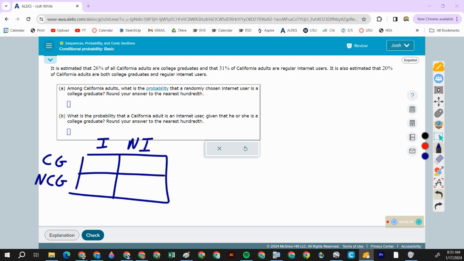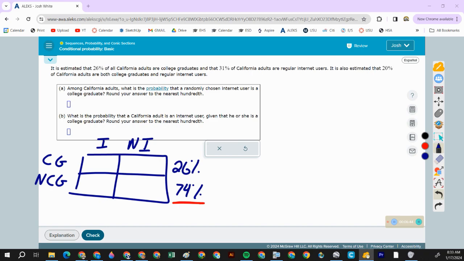So 26% of all California adults are college graduates. So this is 26%. What, if we needed to, what would this be? 100 minus 26. So this would be 74%. I don't think we're going to need to know that, but you could figure that out.